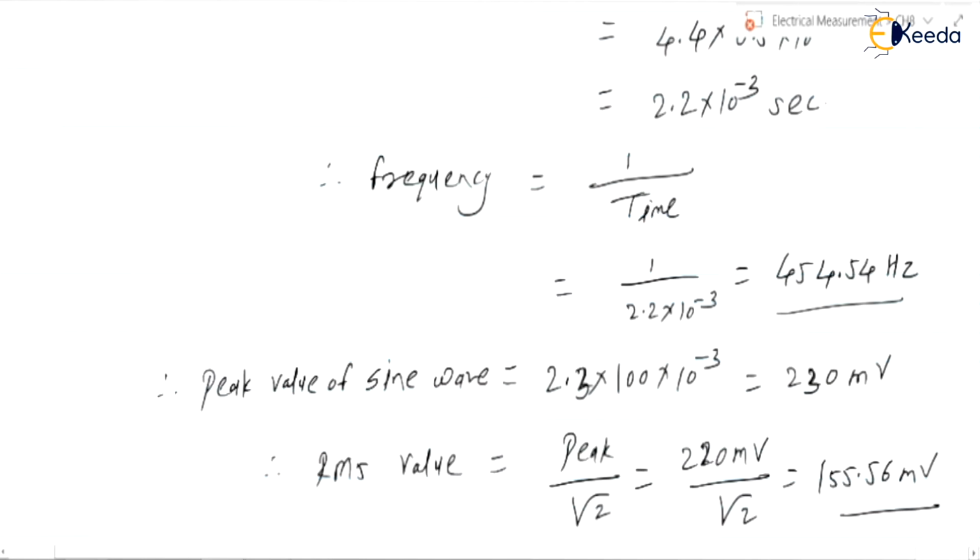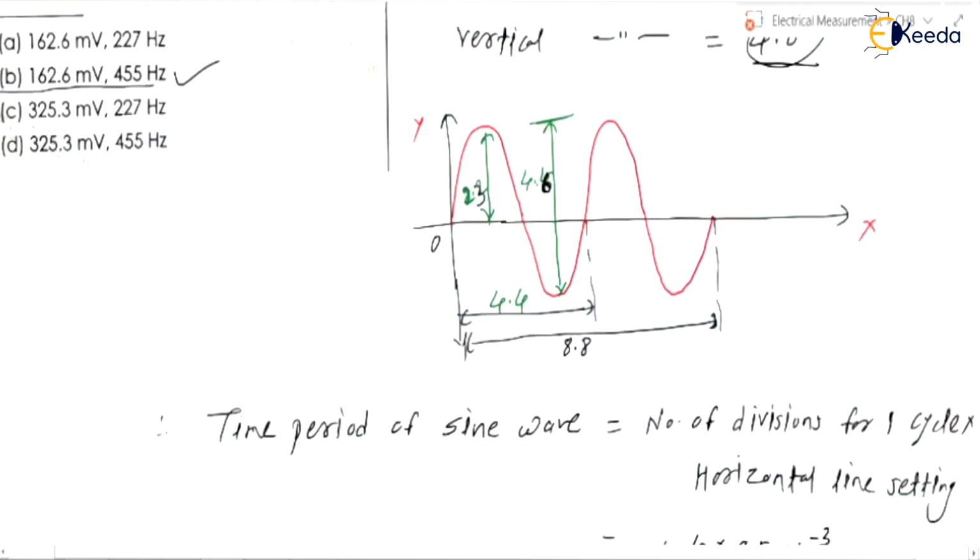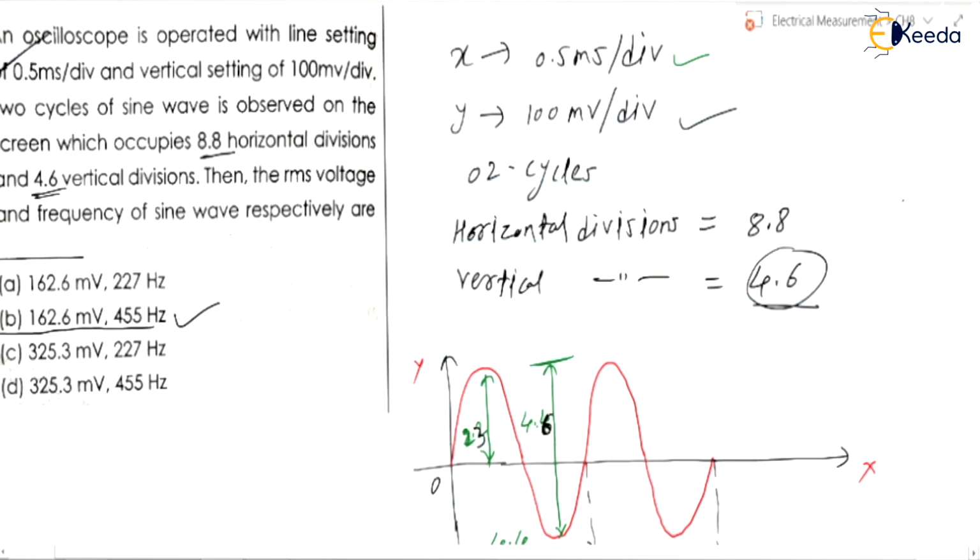So definitely it will be coming 162. 230 by root 2 is 162.63, right? So if you check the options, the correct option is option B.